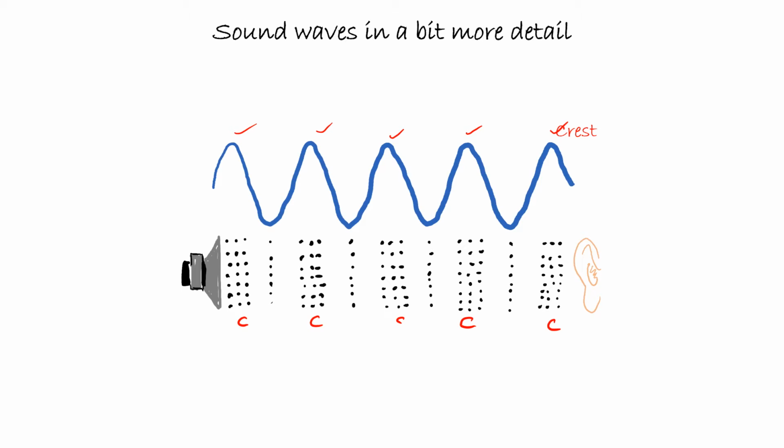Similarly, the rarefactions are the regions of low pressure where particles are spread apart and are represented by the lower portion of the curve. Let's label them R. These lower portions, the valleys, represent the areas of maximum rarefaction and are called troughs. So that's all about it for the sound waves.